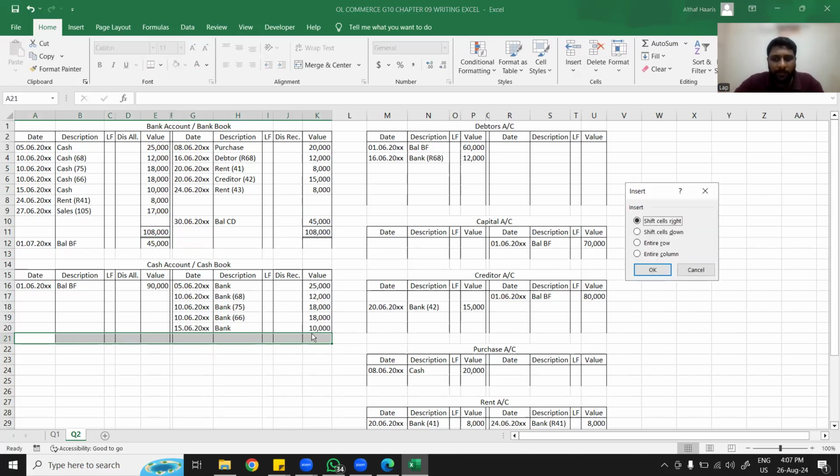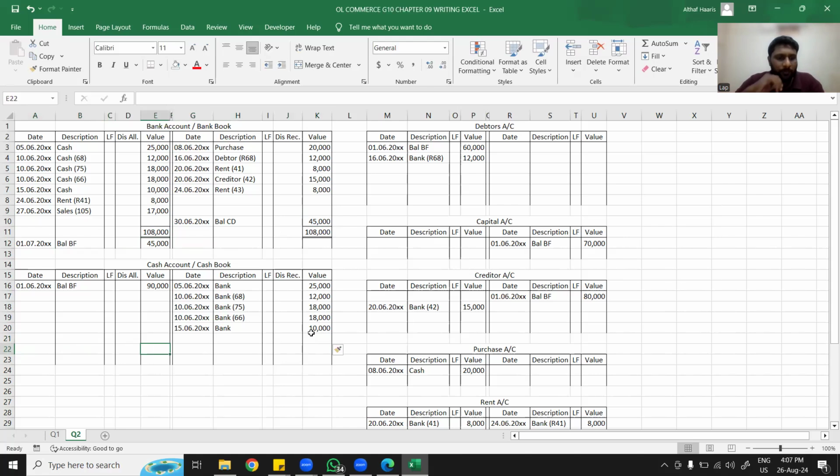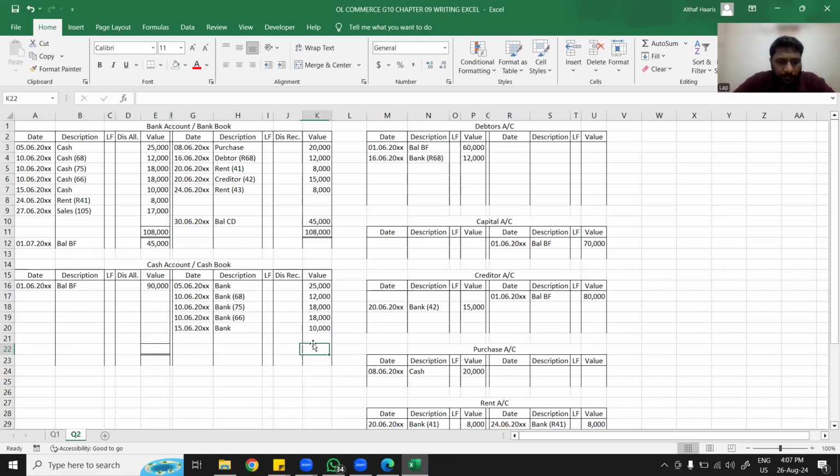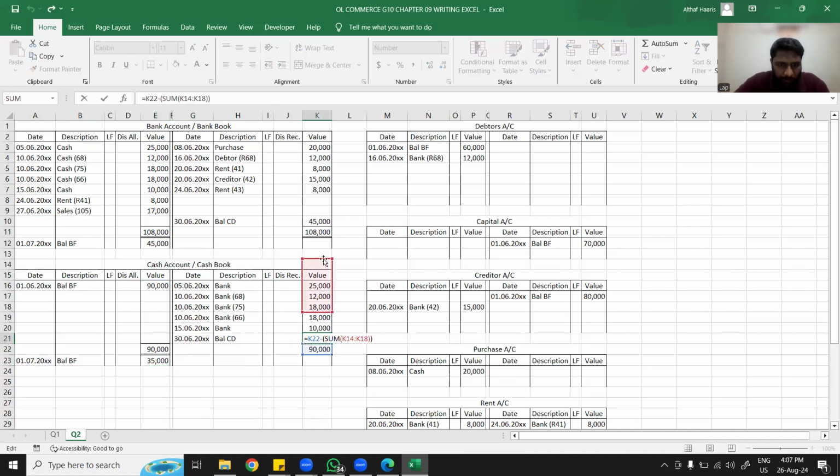Balance the cash account also, people. Check whether it is 7,000.